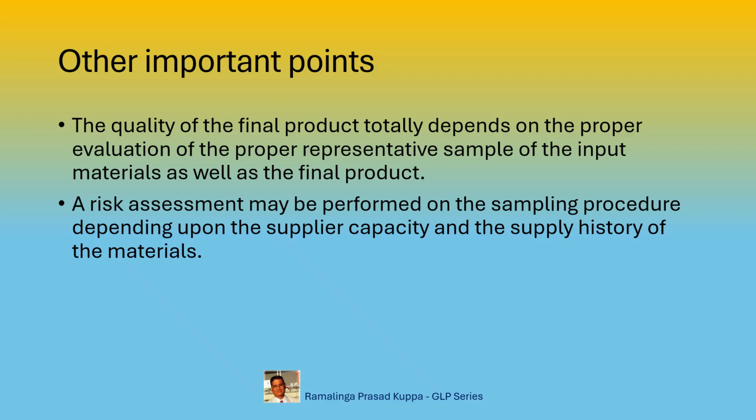For example, if more than 90% of the supplies of the supplier meet the expected specifications without any failure or any out of trend results in the data generated, a reduced testing plan may be suitable. This would reduce the manpower utilization also. All these aspects must be captured in the detailed risk assessment report.